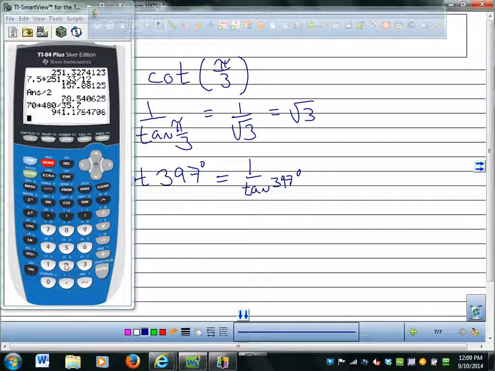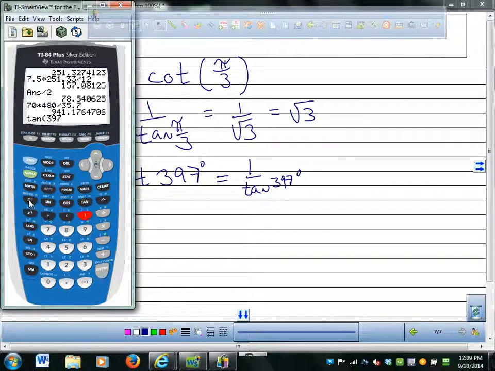Or you could just take the tangent of 397, and then see this little x to the negative 1 up there? That gives you the reciprocal. Then you hit enter, and you get 1.32 as the cotangent of 397 degrees. Okay? So it's 1 over whatever the tangent is.